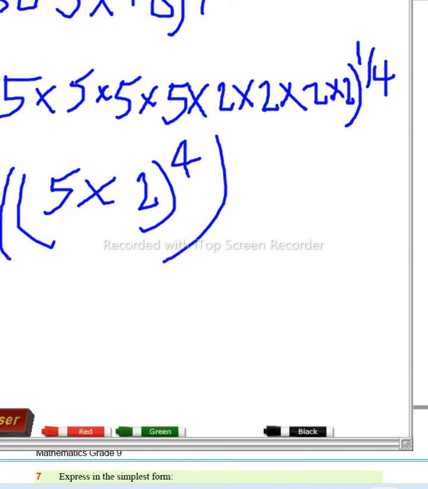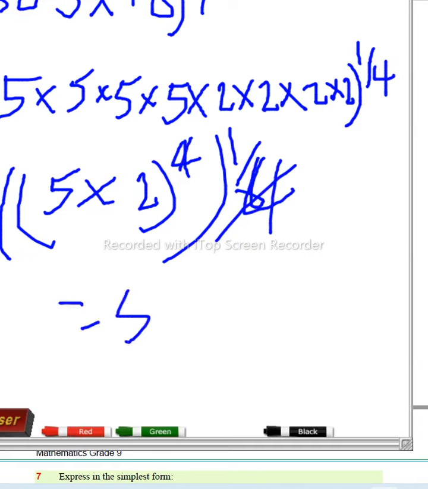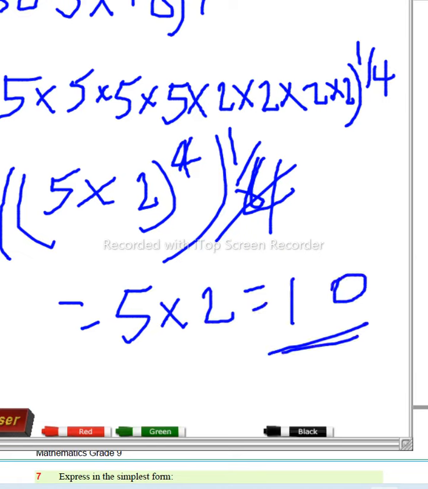Again, we have the power of 1 over 4. 4 will be cancelled by 4. We finally get 5 times 2. So our answer is 10.